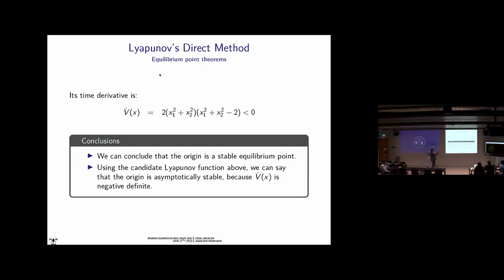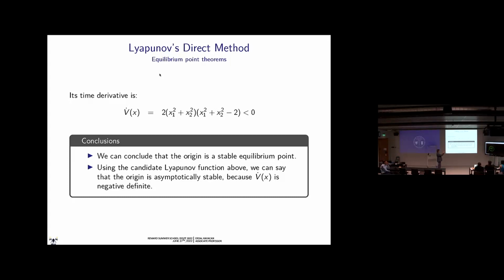And using the Lyapunov function above, we can say that the origin is asymptotically stable because V dot x is negative definite. So now you have a slightly different version of Lyapunov sense of stability.